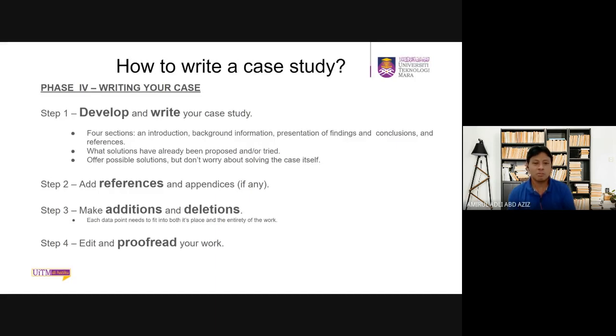Masih lagi orang prefer minum sweetened creamer. Why? Because it's cheap. And the awareness. So you have to think about another proposal to create more awareness so that people would drink real milk. So offer possible solutions, but don't worry about solving the case itself.